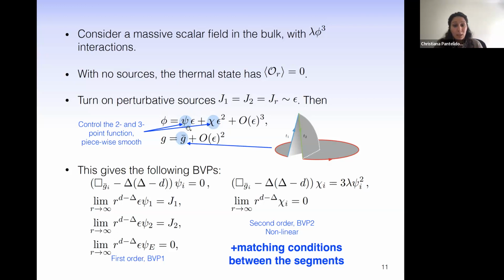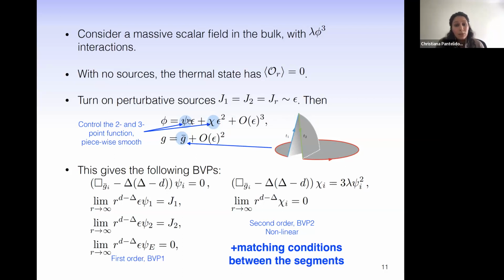And then having non-trivial psi, precisely because of the interaction term, that will generate a non-trivial profile for my scalar field at order epsilon squared, which I denote by chi, and so on, all the way to higher orders. But for the purposes of this talk, I'll stop here.